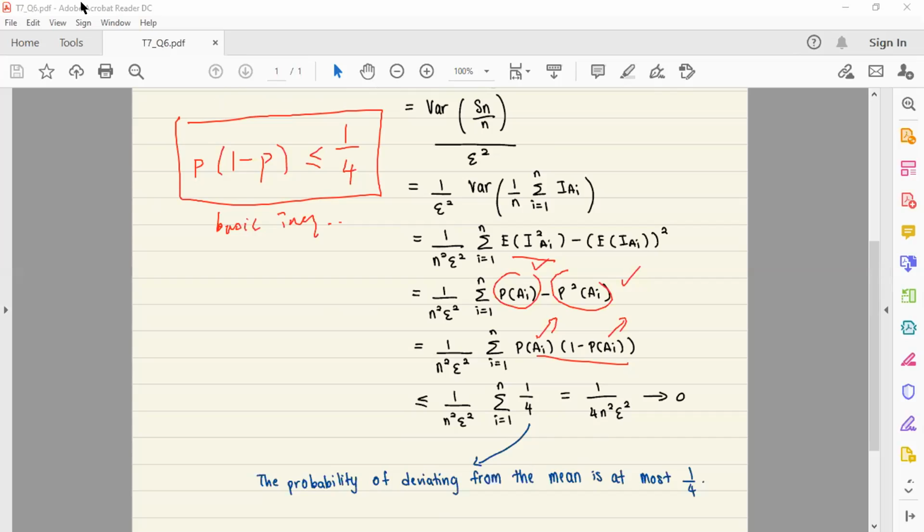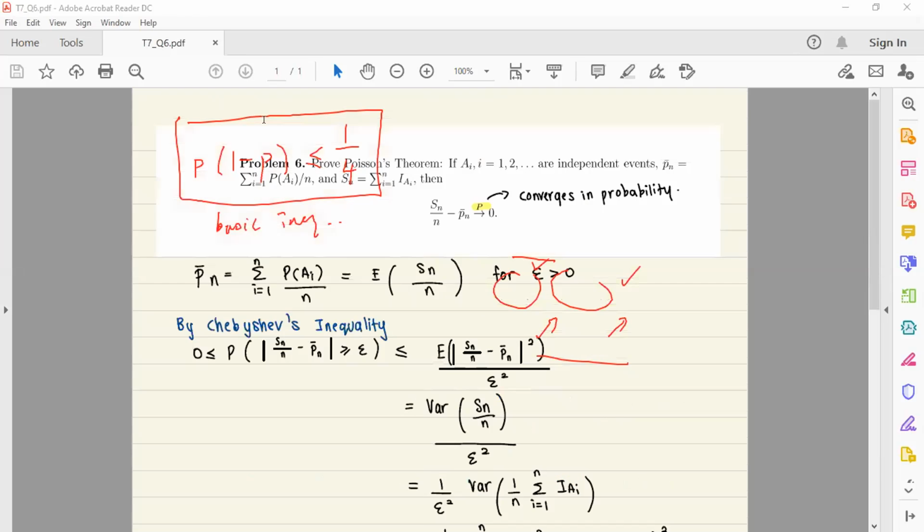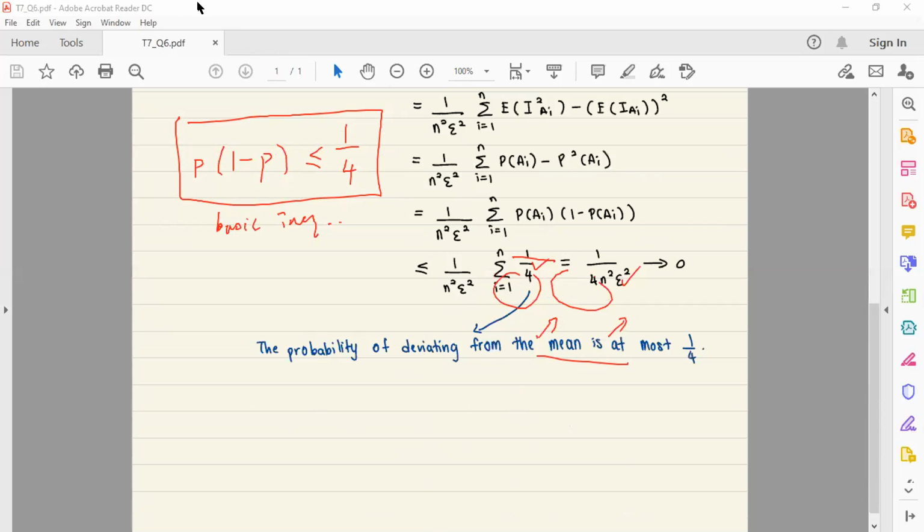Farah? For this one, I'm not so sure, Doctor, because when I look for the Poisson's theorem, I just figure out that the most the probability can go is 1 over 4. Okay, you can think a little bit about it.